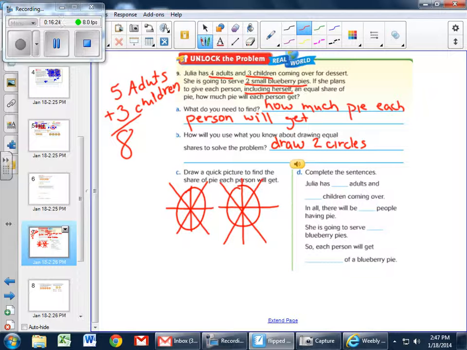Okay, there's my 8 equal pieces. Okay, and I actually have 8 in each one of these. And we have 8 total people. So a person can have this piece out of this pie and a piece out of this pie, because we have 8 plus 8 equaling 16 pieces.